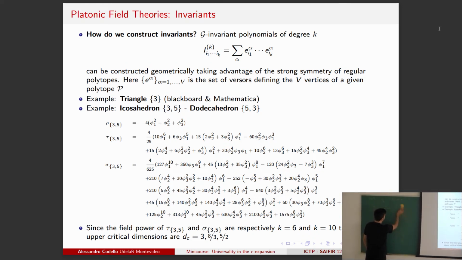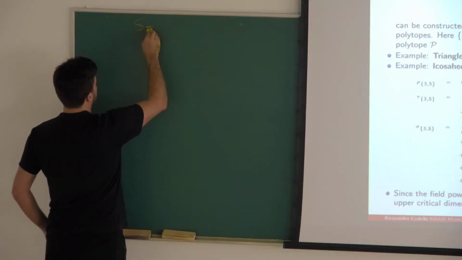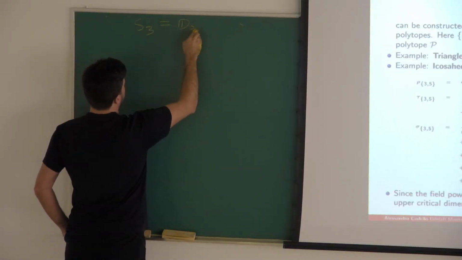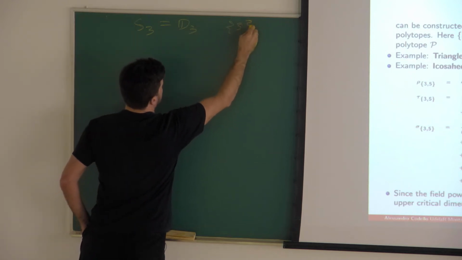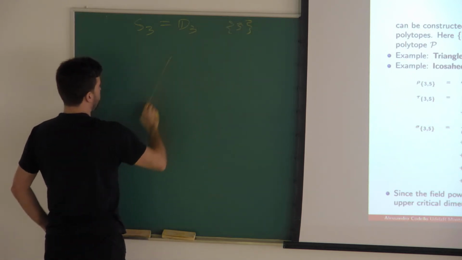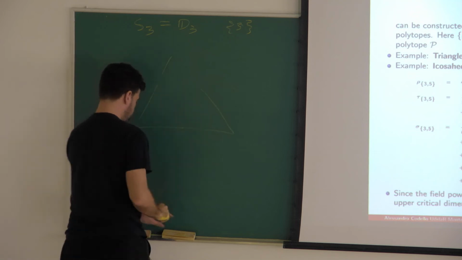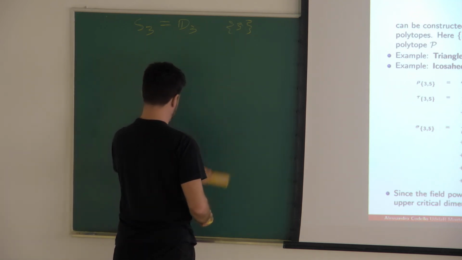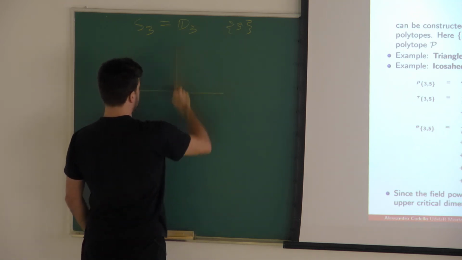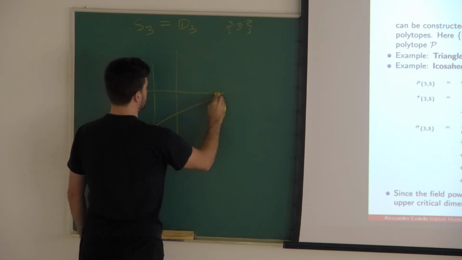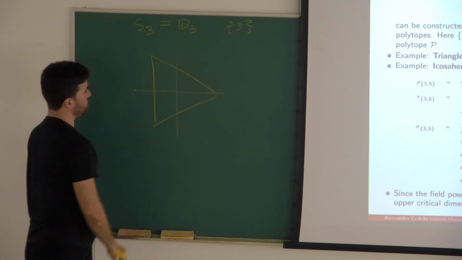For these Platonic field theories, because this is how they are called, it's easy because they are symmetries of an object. And let's do the example of S3, D3, which is our triangle. Okay, so we have a triangle. Let me draw it in this way. Okay.